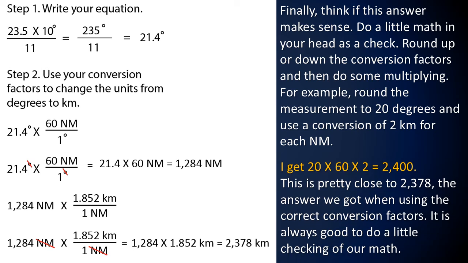I get 20 times 60 times 2 is 2,400 kilometers. This is pretty close to 2,378, the answer we got when using the correct conversion factors. It is always good to do a little checking of your math.